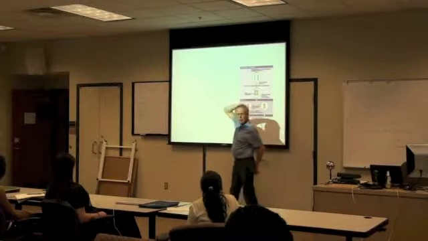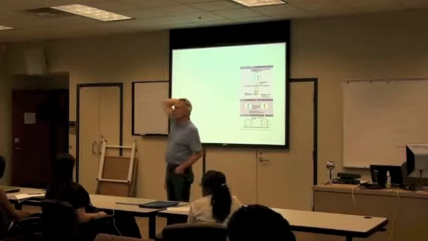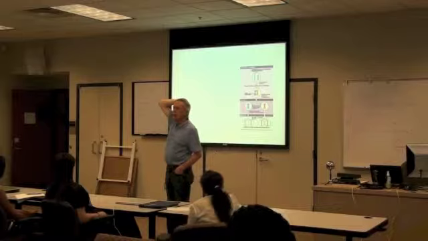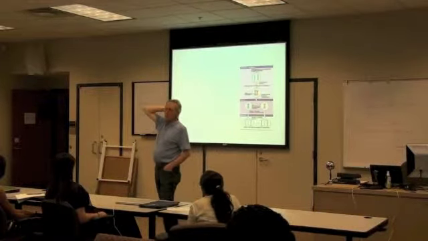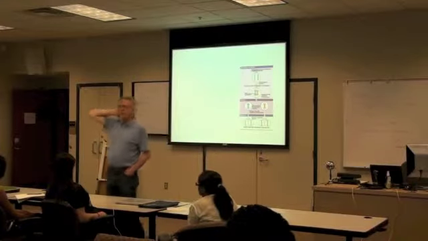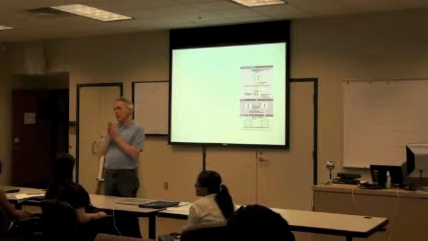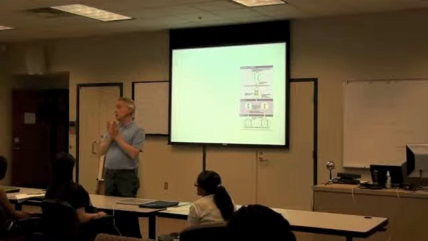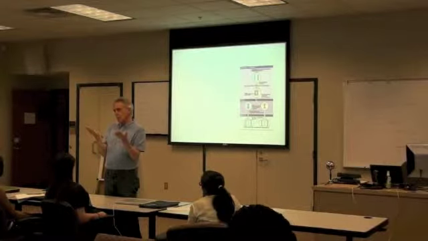Does anyone know what an allele is? An allele is a different form of a gene. So let's say there's a gene that produces the pigment for eye color, an enzyme that produces eye color. It can exist in two different forms, brown and blue.